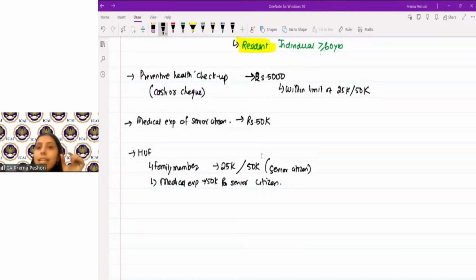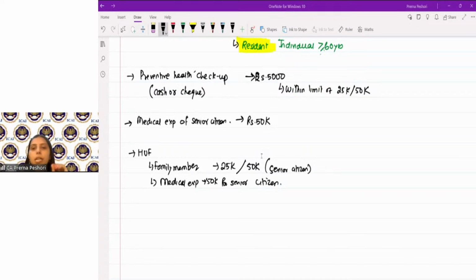For the parents, there is an additional amount of 25,000 or 50,000 if they are senior citizens. So there could be an overall deduction of 50,000 in case nobody is a senior citizen. And if you as well as your parents are senior citizens, then it goes to even 1 lakh. Clear? Are we clear? And for preventive health checkup, it's maximum 5,000.